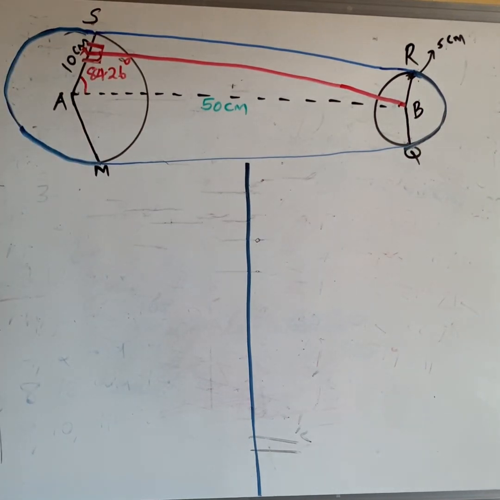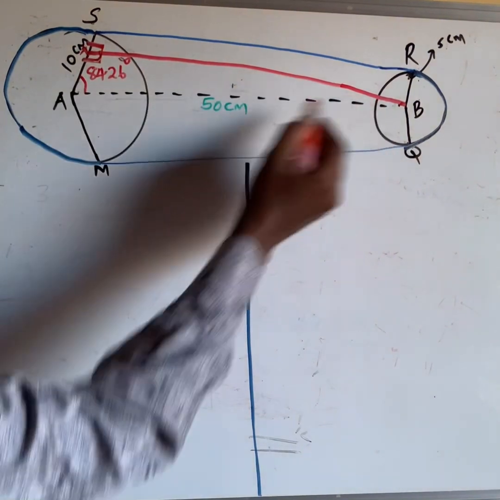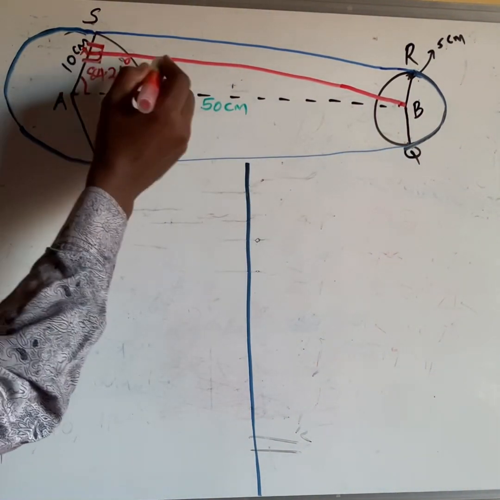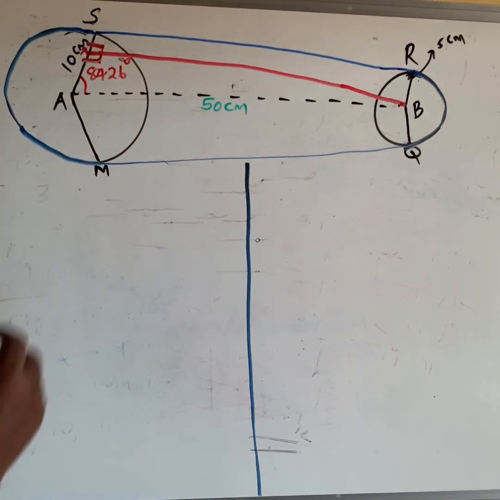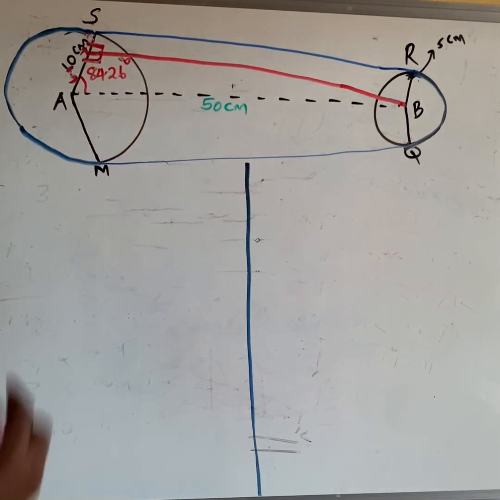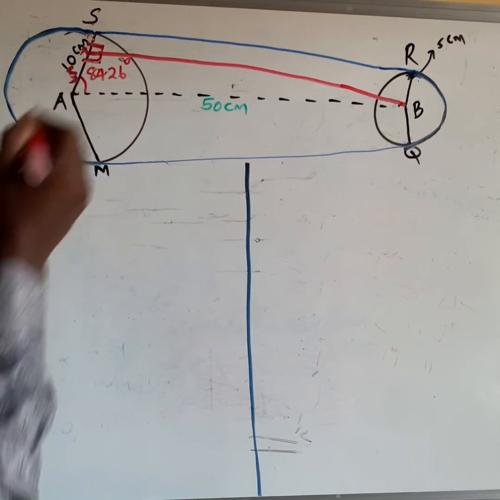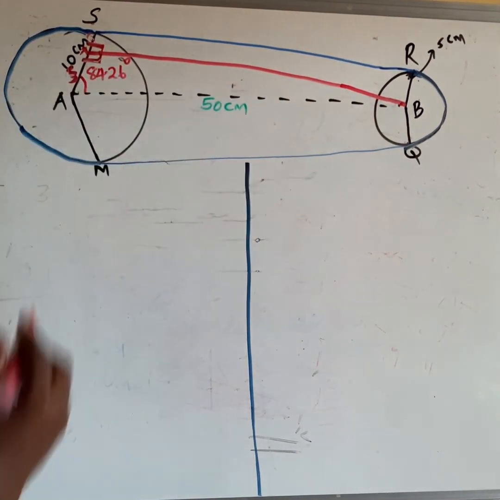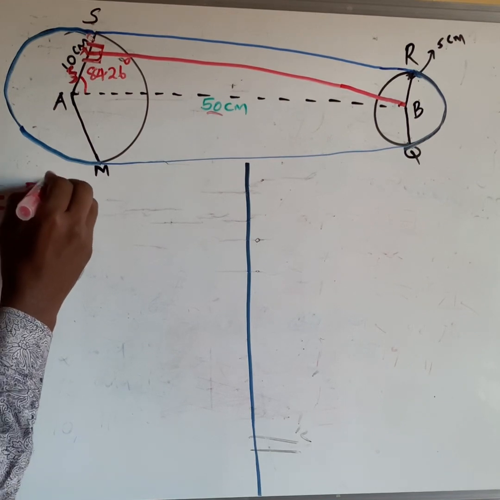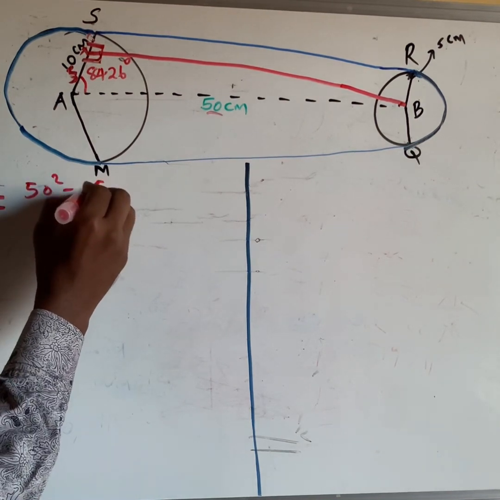We can get the height of this triangle by using Pythagoras theorem, because this line is going to divide line AS into two equal halves. That is 5 here and 5 there. So the base will be 5 centimeters. The height, we don't know, we're looking for it, and the hypotenuse is 50 centimeters. So the height squared is equal to 50 squared minus 5 squared.